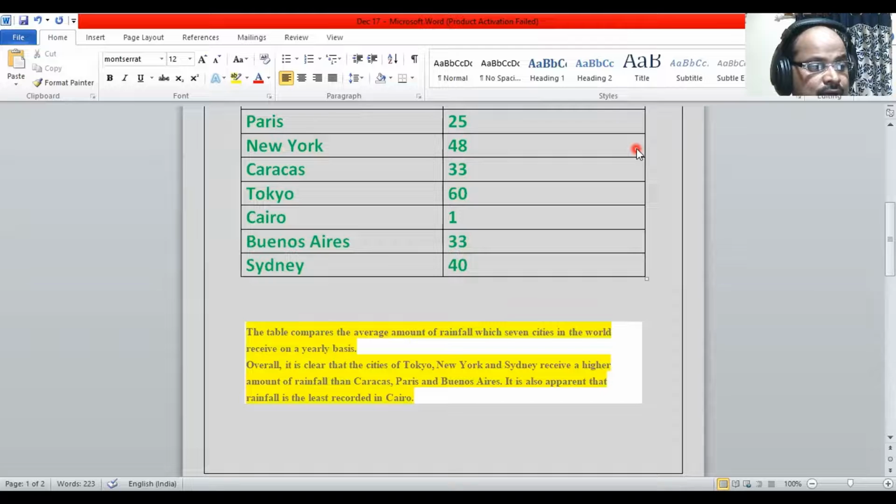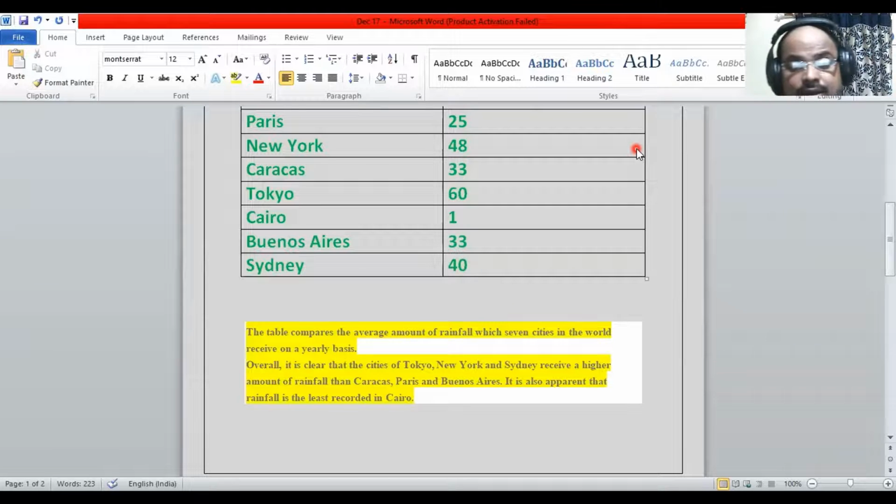So we have the particular comparison here. These 3 cities receive a higher amount of rainfall than Caracas, Paris, and Buenos Aires.